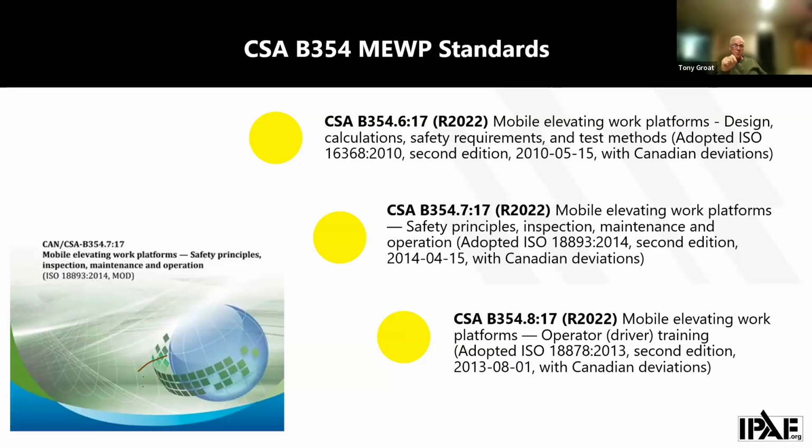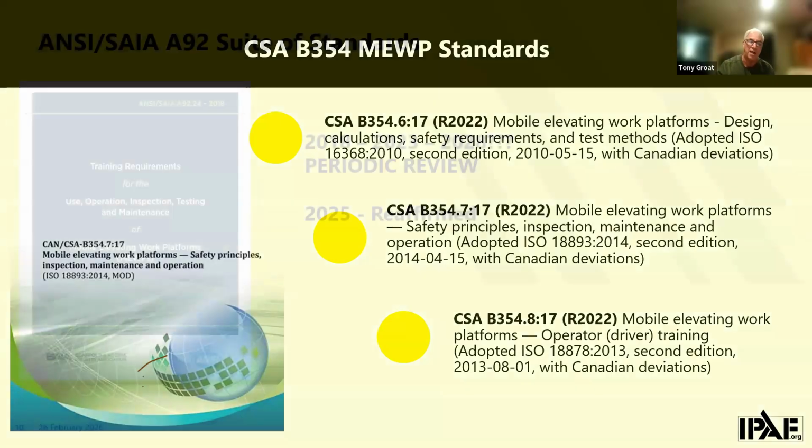And the reason that we didn't go through a review on those is that the Canadian standards are one of the few that have actually adopted the ISO standards. So they adopt the ISO standards with Canadian deviations. And as we were going through the cycle, because we're adopting the ISO standard, we wanted to wait for the ISO standards to be republished before we did a Canadian review, because we intended to adopt those again, with any Canadian deviations that took place.